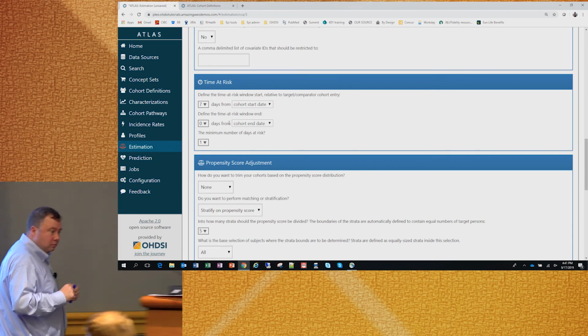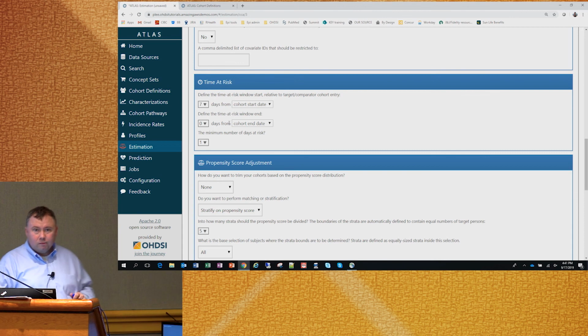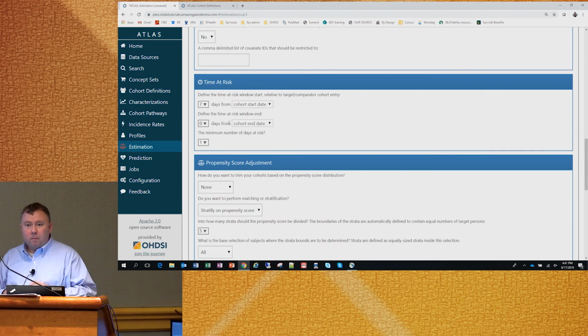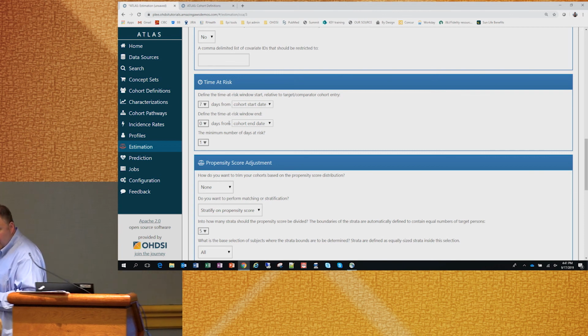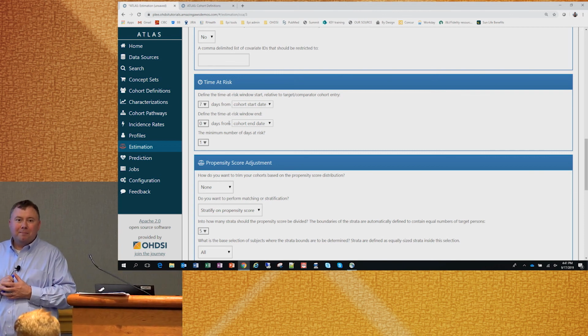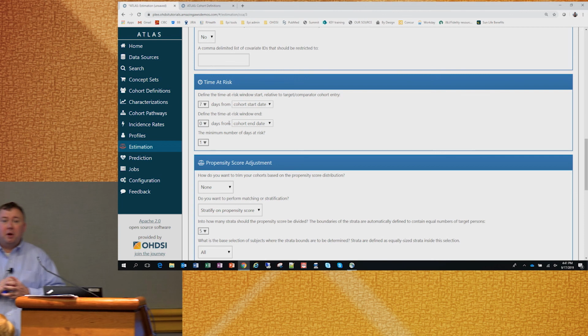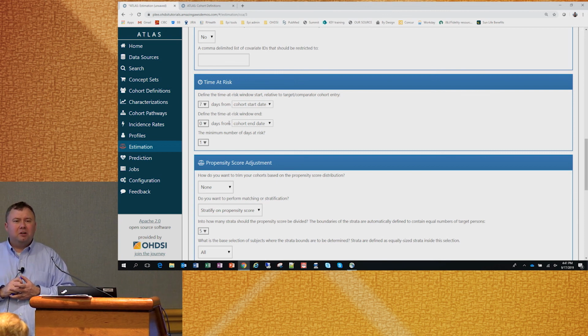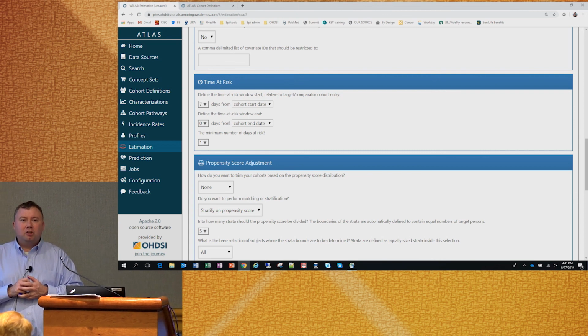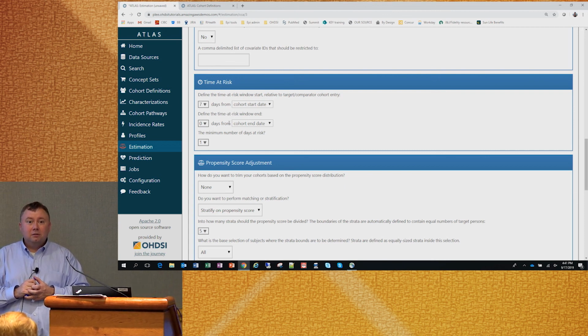Mitch: So if somebody does die on, say, day 4, or let's say a lot of people die on day 4, are those people still going to be in my table 1? Are they still going to inform propensity score models? It's a great question. So one of those choices that we just had to make up front is, what do you do if you had the outcome prior? And so actually, Martin, I'm going to need your confirmation on this, but that outcome prior is really prior to time at risk start, right?